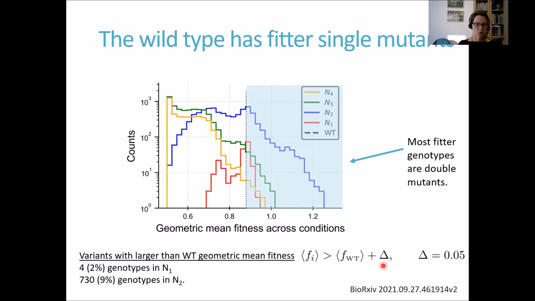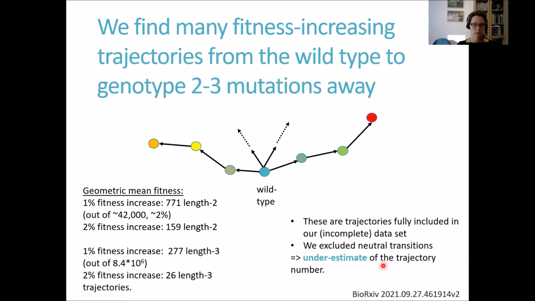Okay, so we can already tell that the wild type is not a local maximum because we found even single mutants that are fitter. But we wanted to know more than that. So what about the many double mutants that are fitter? Are they accessible from the wild type? So then we looked at that too.